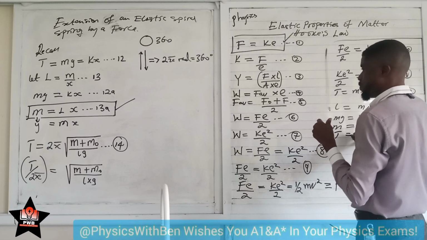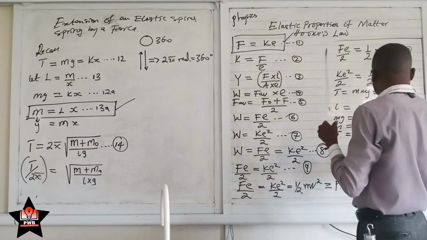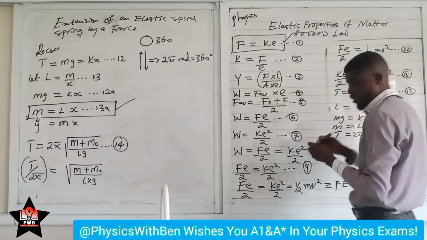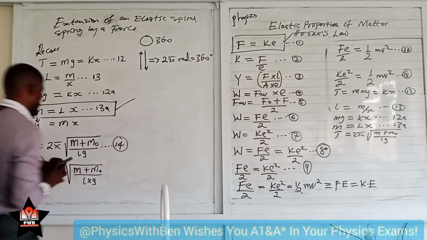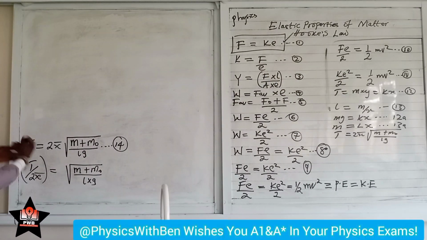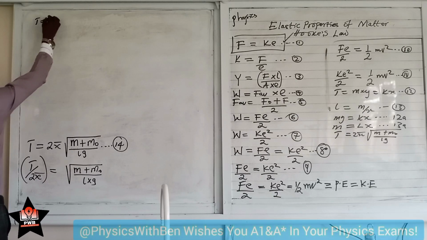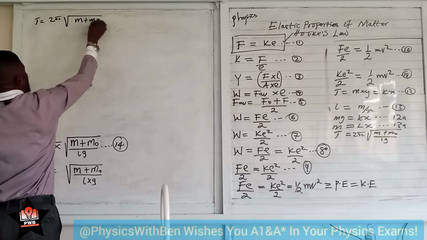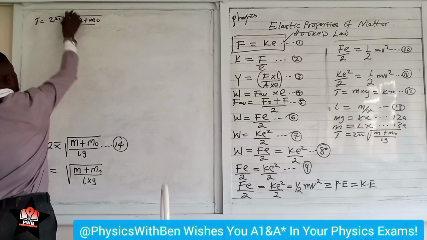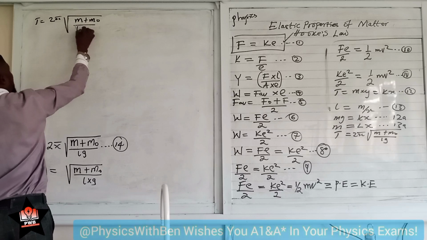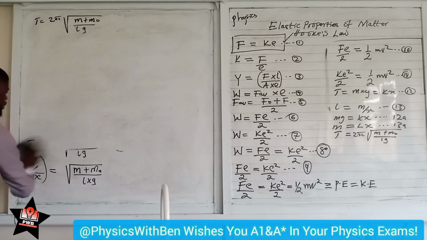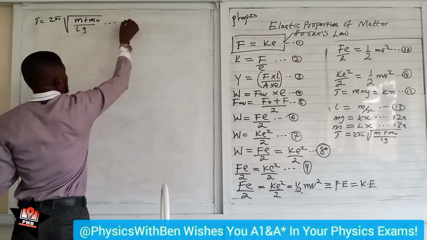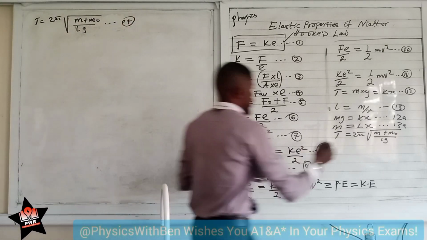our T is equal to 2π root (m plus m naught) divided by lg. So we write that from T is equal to 2π root (m plus m naught) divided by lg, which is our equation 14 here.